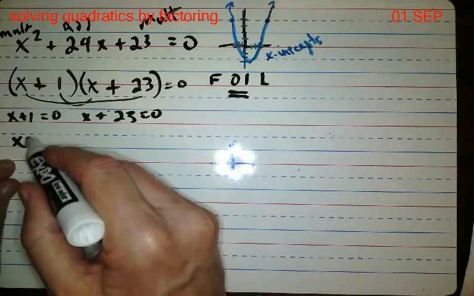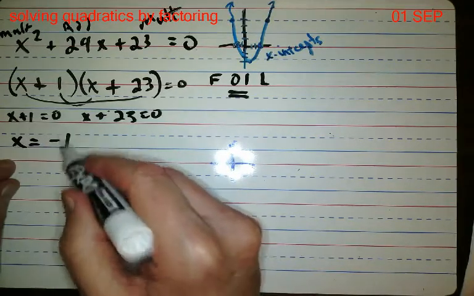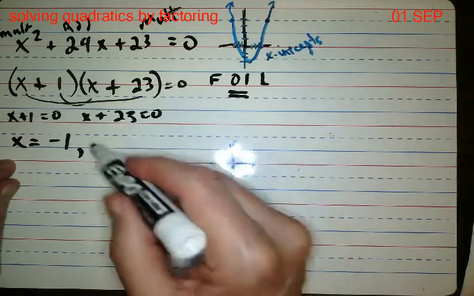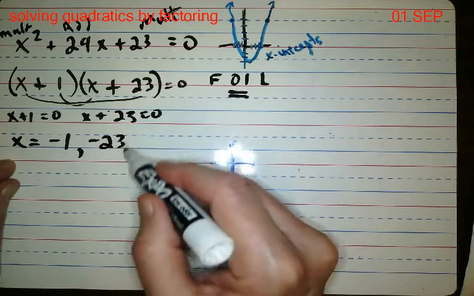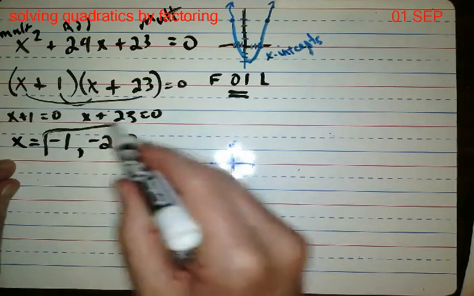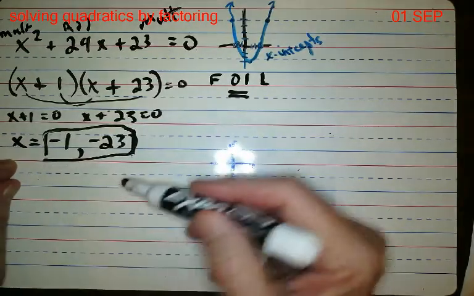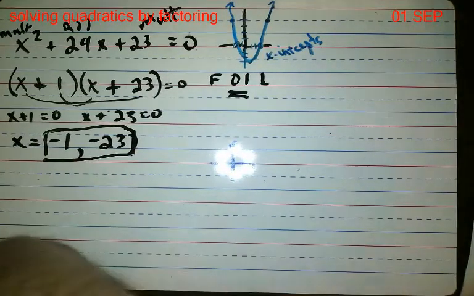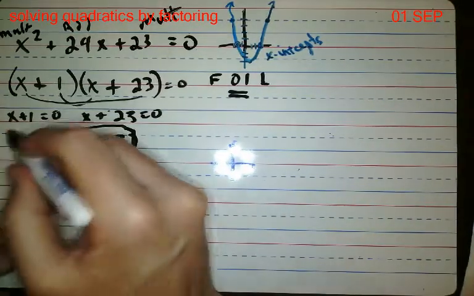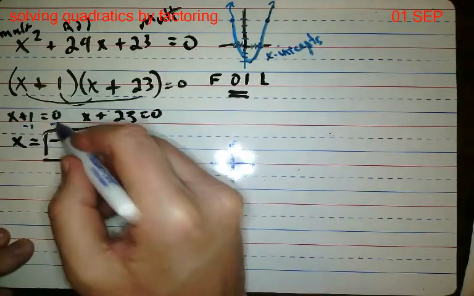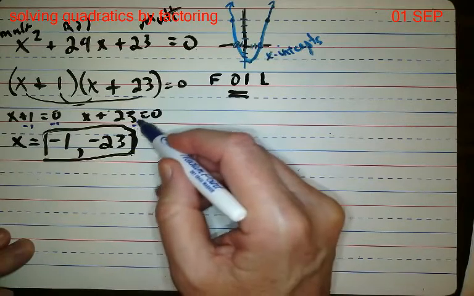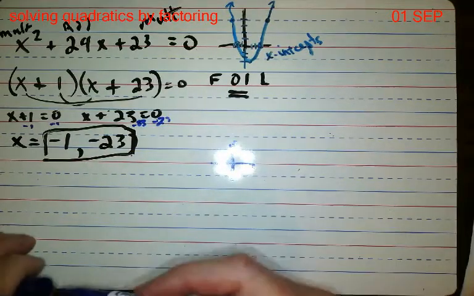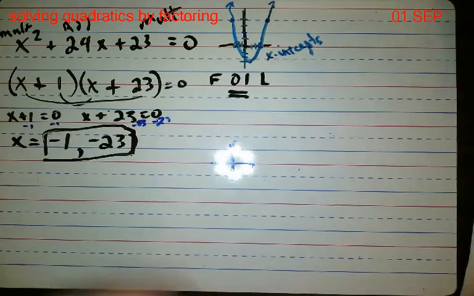Well, x has to equal -1, or x has to equal -23. Remember, that's what we did. This is the answer to the question. So, just to remind you again, on Friday, you subtracted 1, you got that. You subtracted 23, and you got that. That was the answer. Let's try another one.